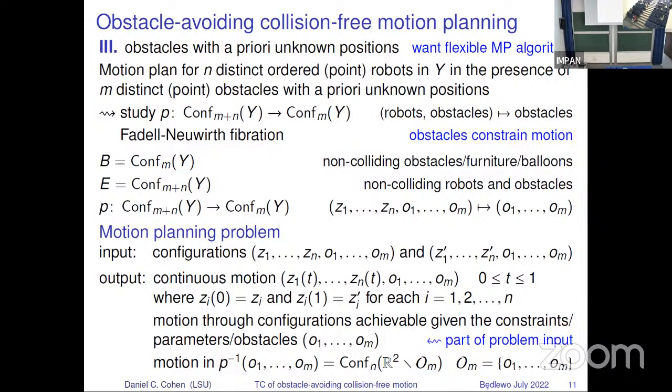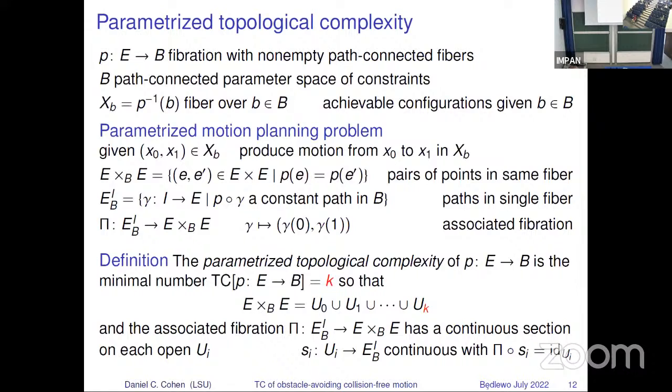It's the configurations of all n robots in, for instance, the plane, or that should be a Y, I guess, should be R2 or R3. The plane minus the position of the obstacles on that given day. Here's how this can be formalized.